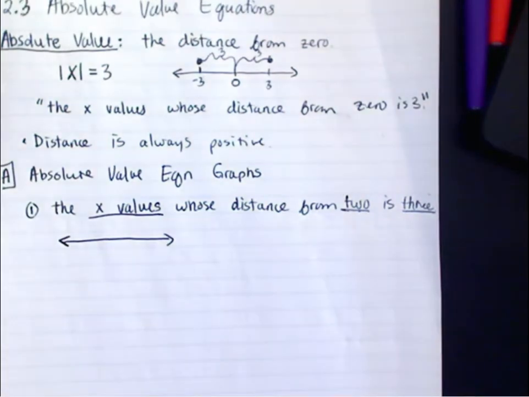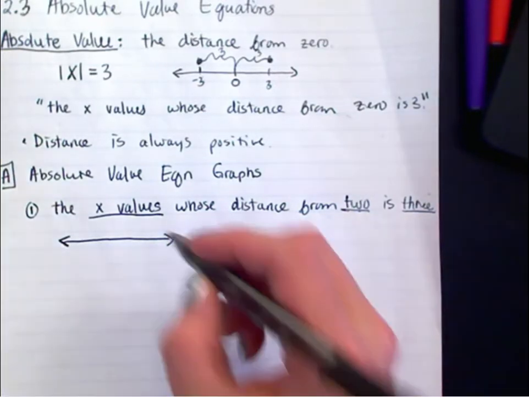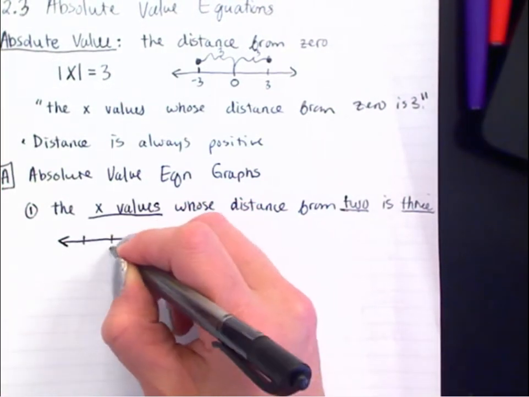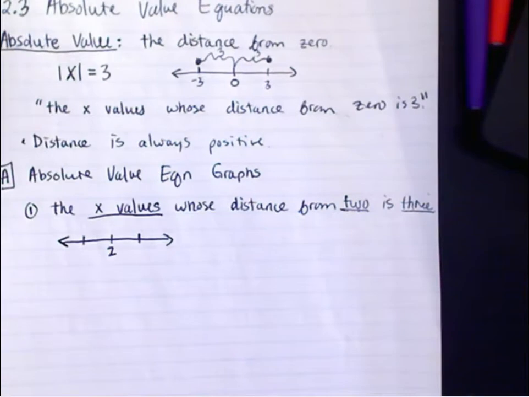Notice that I'm asking about distance, which implies that there are going to be two possibilities: positive distance and the negative direction. X values whose distance from 2 is 3. I'm only going to label the parts that I need.